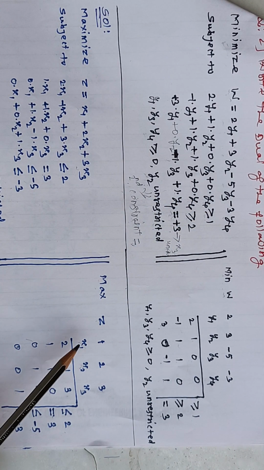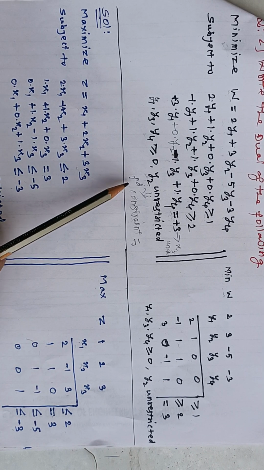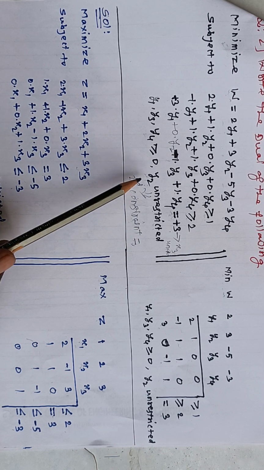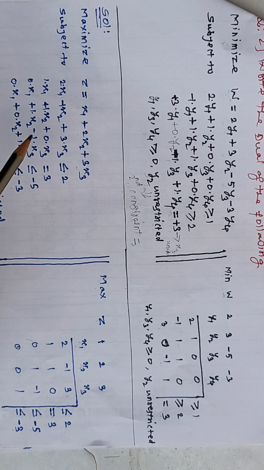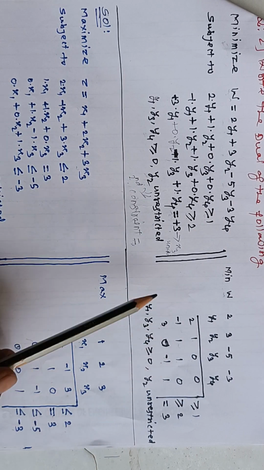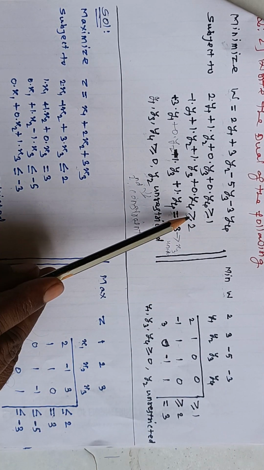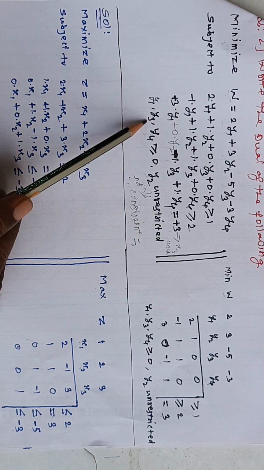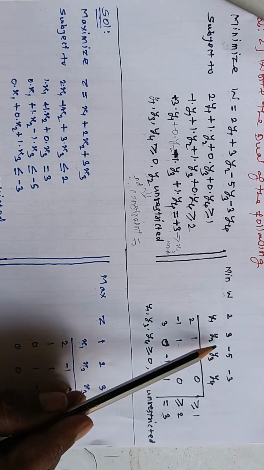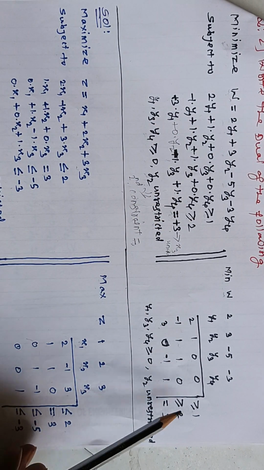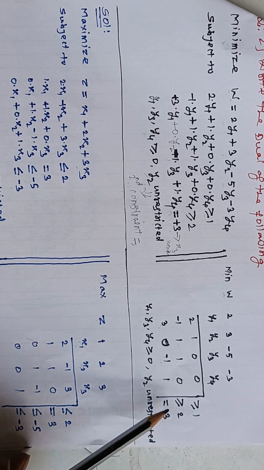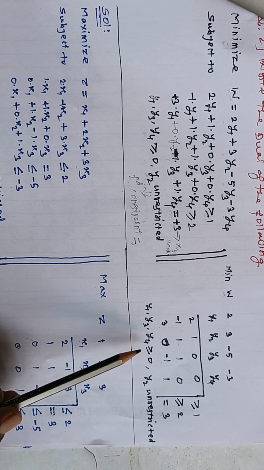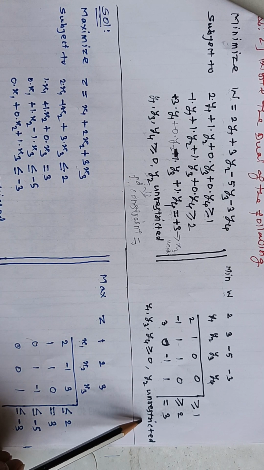Then the constraint signs: as it is a dual, greater than or equal to 1, greater than or equal to 2, is equal to 3. Here y1, y3, y4 greater than or equal to 0, and y2 is unrestricted. This is the tabular form of this one. Everything will be the same, only changing the required inequalities.